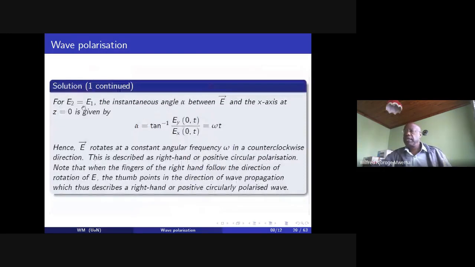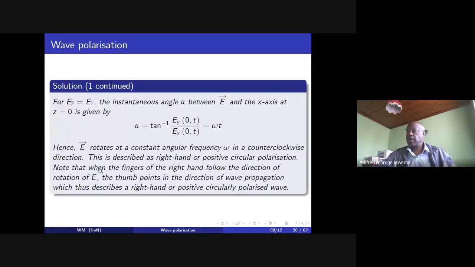If E2 is equal to E1, the instantaneous angle alpha between E and the x-axis at z equal to 0 will be given by alpha equals arctan of EY over EX, which is just omega t. Therefore, E will be rotating at constant angular frequency omega in a counterclockwise direction. And this is what we describe as right hand or positive circular polarization.